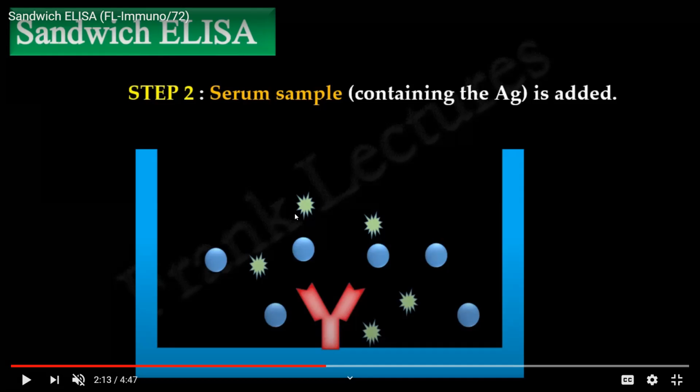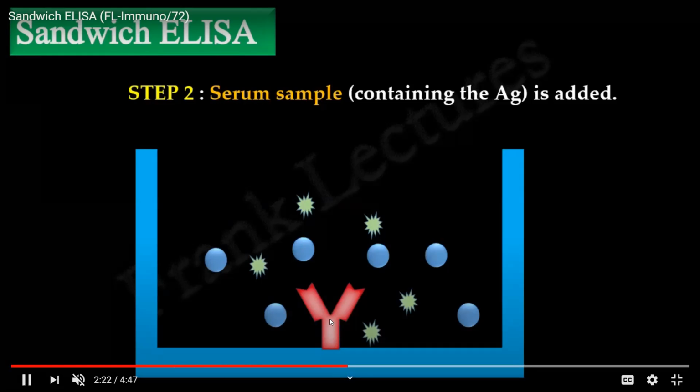These are antigens. The antigens present in the serum sample need not be only one type. There may be several different types of antigen in that serum sample. But the one which is specific for this antibody will only bind to it. Not every antigen can bind, because this antibody is specific to one particular antigen.